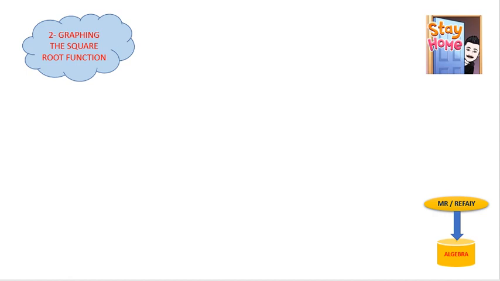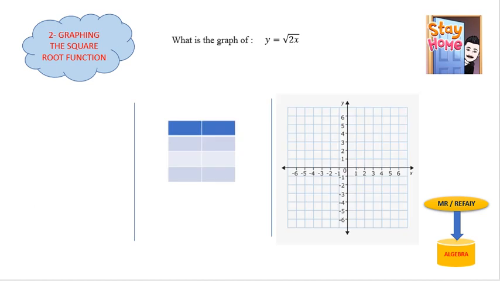Now, the second part of the lesson, graphing the square root function. What is the graph of y equals root 2x? To graph any function, we have 3 steps. The first step is number 1: we have to get the domain of the function.